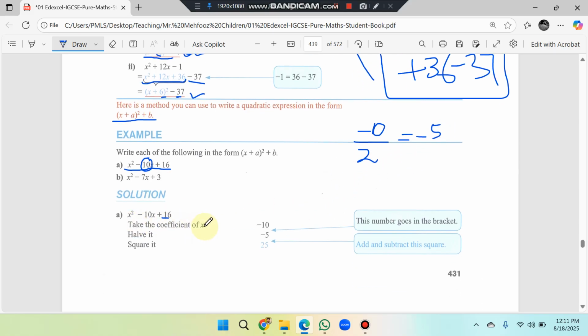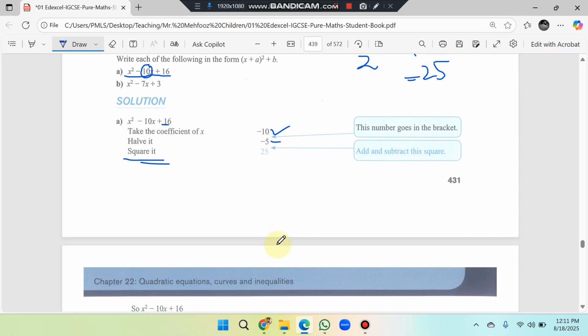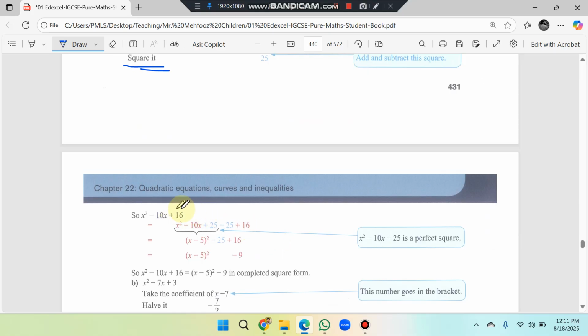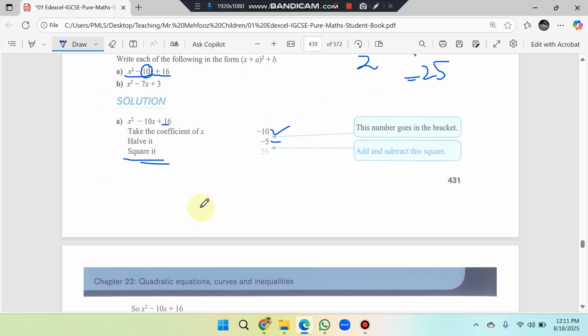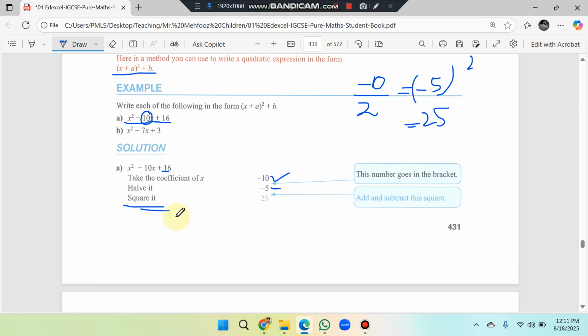Take the coefficient of x, that is minus 10, half it. What is the half of minus 10? That is minus 5. And also square it. When we square it, the square is 25. So it means that we have to add and subtract 25. Okay, this is the method to make a complete square.